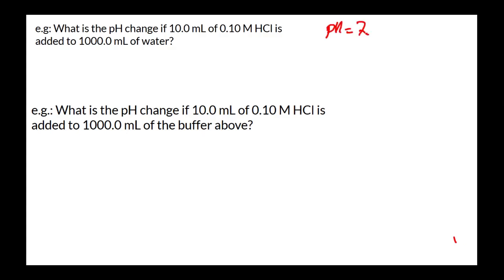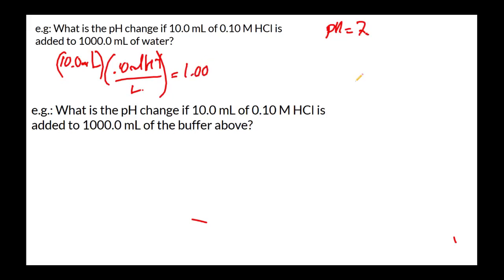After we add the HCl, we will have added 10 milliliters times 0.10 moles of H plus, because it's a strong acid, per liter, and this gives 1.00 millimoles of H plus.